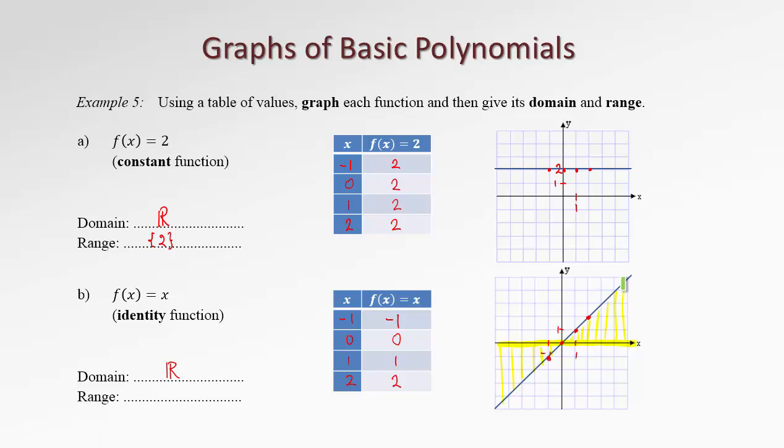If we shadow the graph onto the y-axis, every single value on the y-axis will be taken. The range is all real numbers as well. So let's write it down, all real numbers here. And let's clean up our extra shadings, just because I want you to remember the shape of the function. So, constant function, horizontal line, identity function, diagonal line.